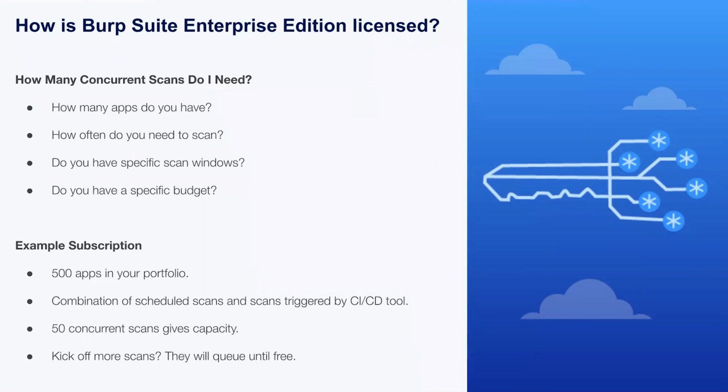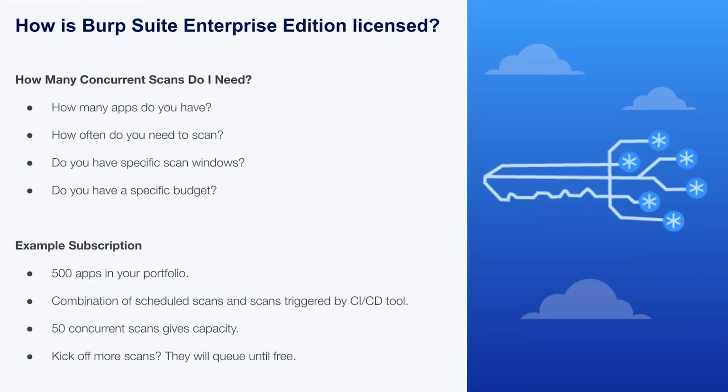The fact that we license Burp Suite Enterprise on scan concurrency, or the maximum number of scans you can run at one time, makes our model extremely flexible. And it's important to note that you can also assign and reassign your scans across any websites, applications, and URLs. But from this, we're often asked, well, how many concurrent scans do I need if I'm not being charged per application?